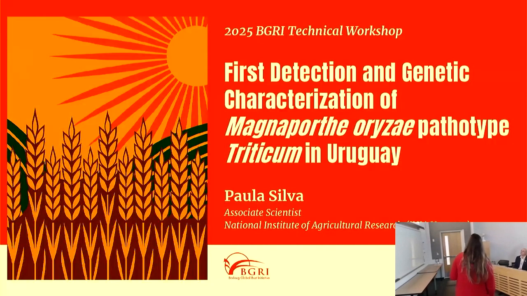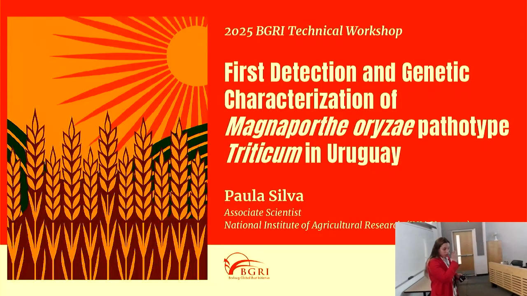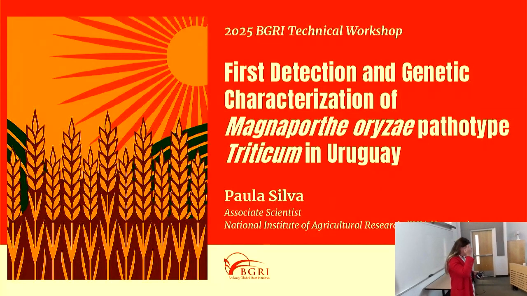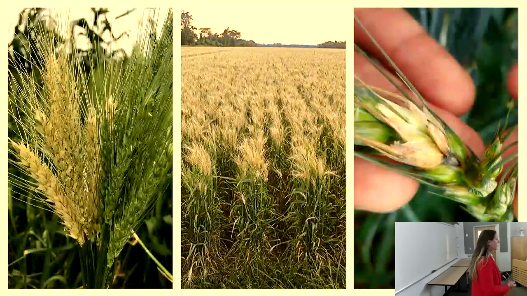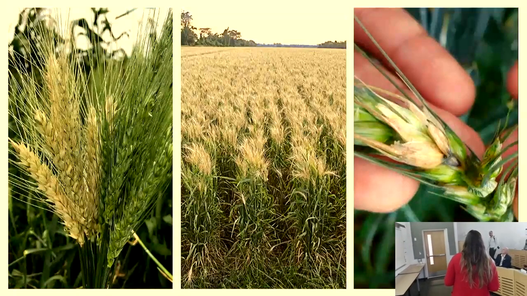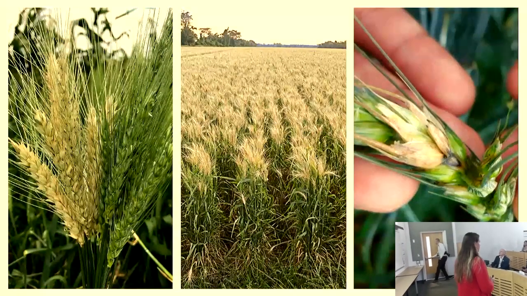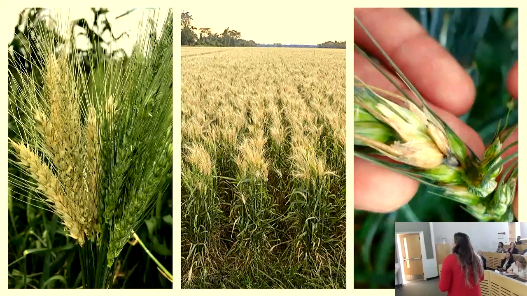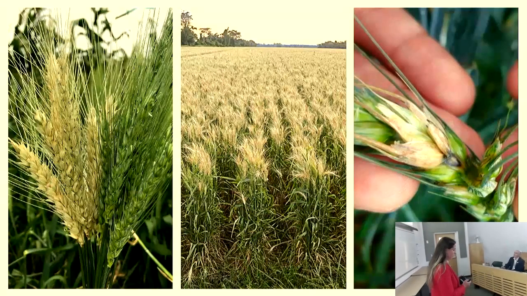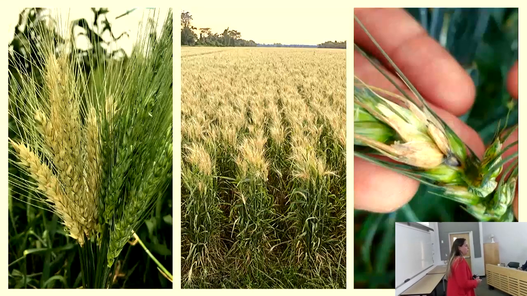So today I will talk to you about what happened in 2023 in Uruguay. For the ones that are not familiar with wheat blast, here are some pictures to show you symptoms. As Dave was mentioning, what makes this disease difficult is when it shows up in the field.